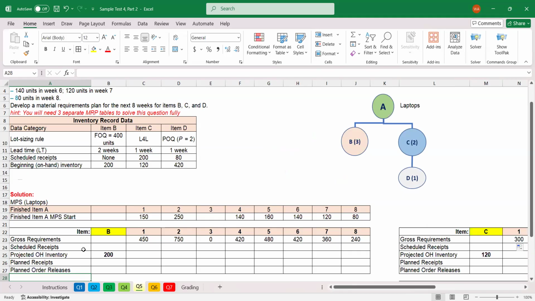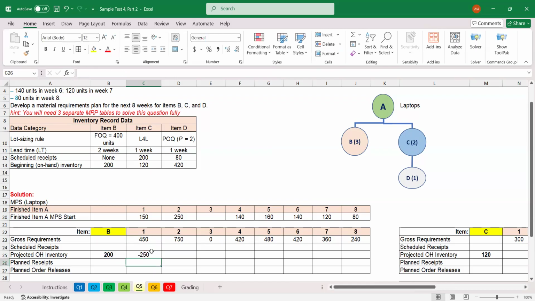Now let's go back to our data that we have here. Do we have any scheduled receipts for B? I'll have to come here and check. And for item B, there's no scheduled receipt, so we leave this blank. Now let's calculate our projected on-hand inventory. Our projected on-hand is a function of your projected on-hand for the previous week, plus any scheduled receipts for the current week, plus any planned receipts, minus your gross requirements.